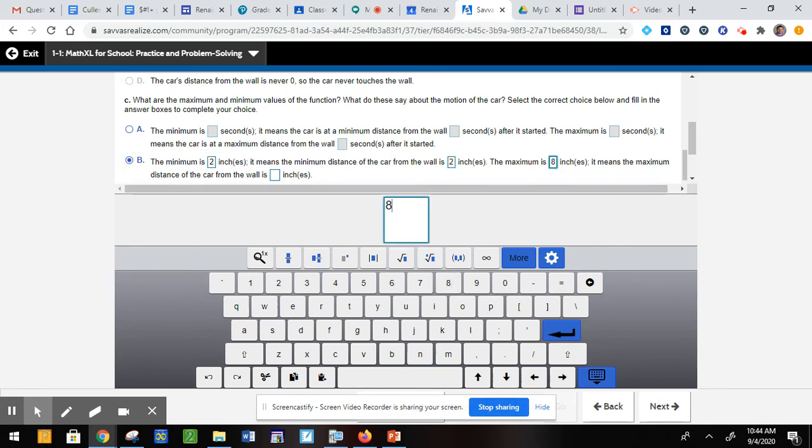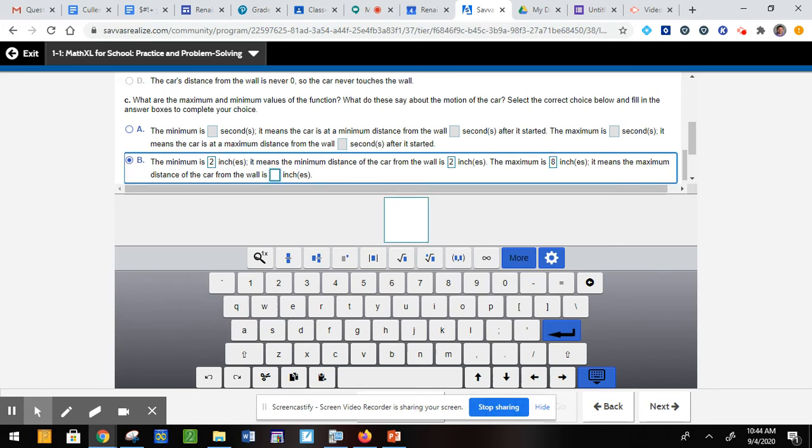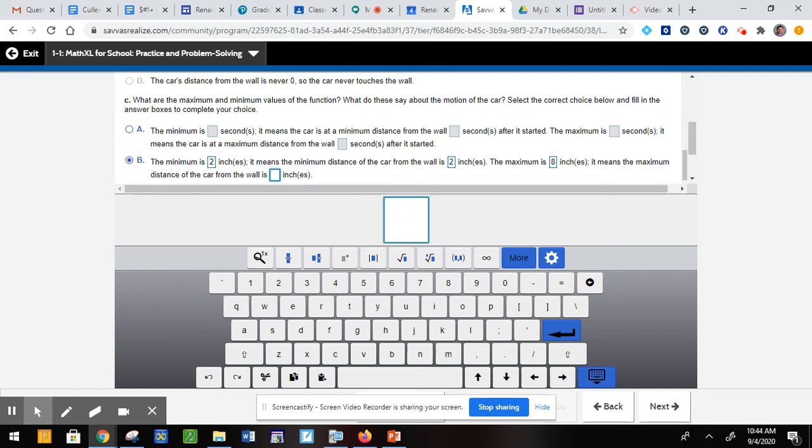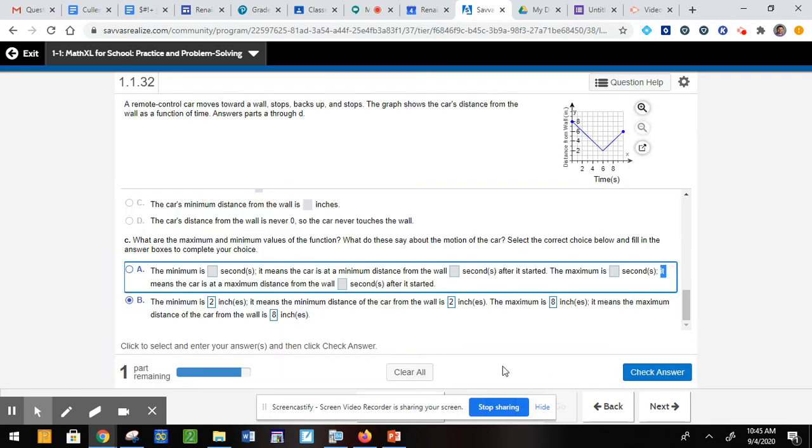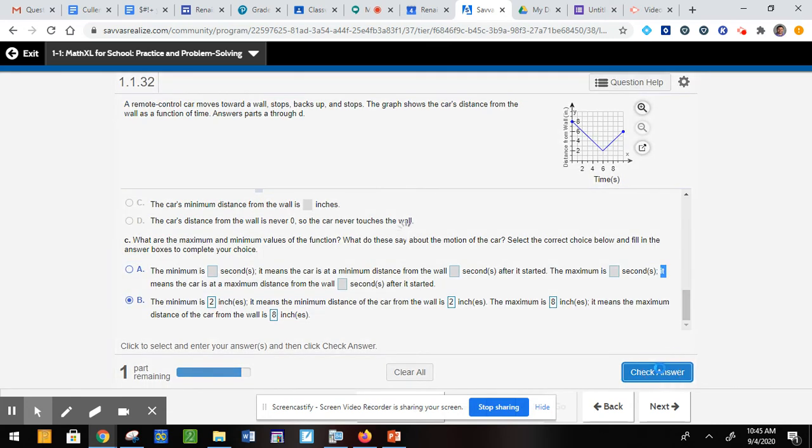And it means the maximum distance of the car from the wall is 8 inches. And that's that. Let's check our answer.